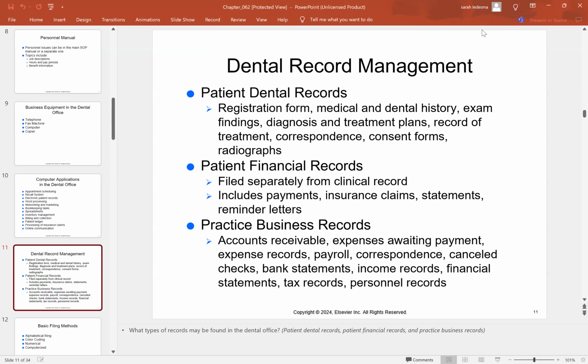Practice business records include accounts receivable, expenses awaiting payment, expense records, payroll, correspondence, canceled checks, bank statements, income records, financial statements, tax records, and personal records.